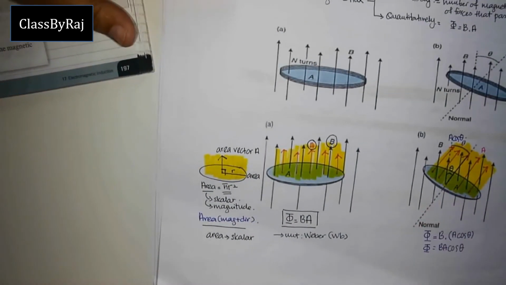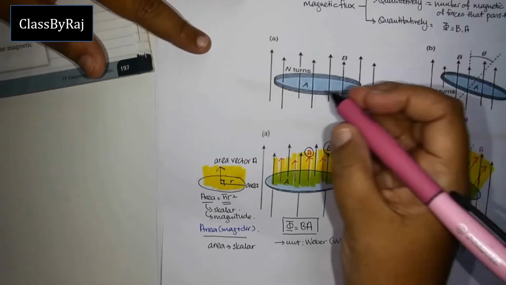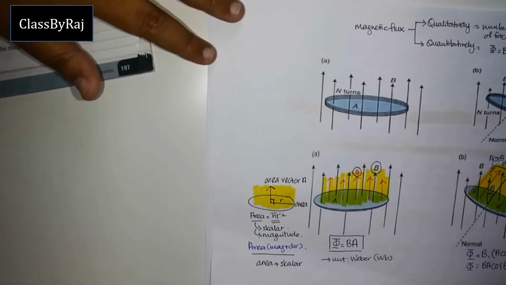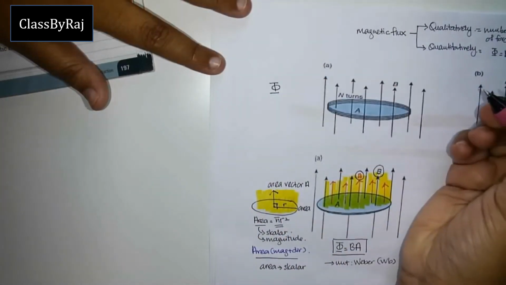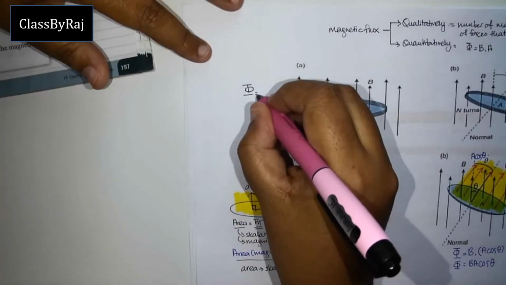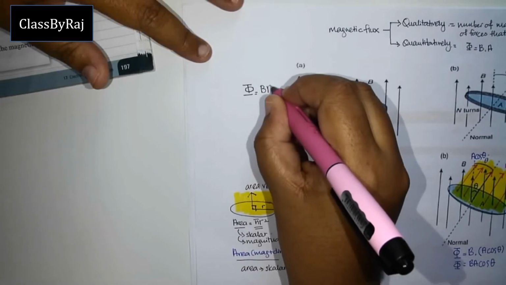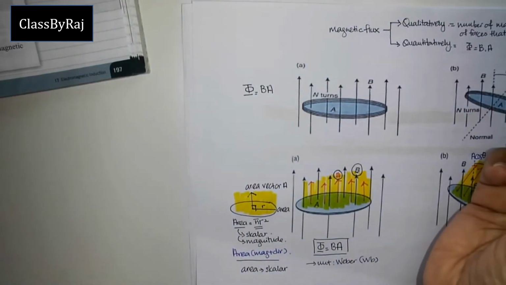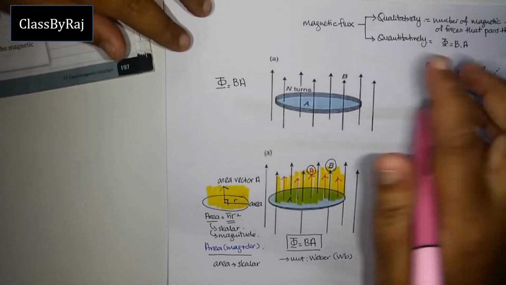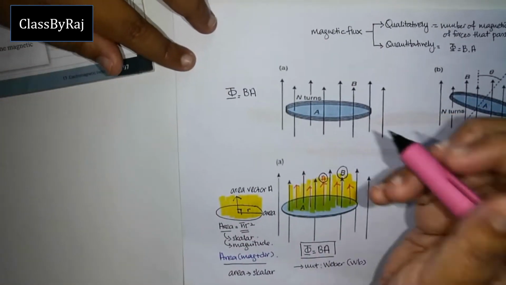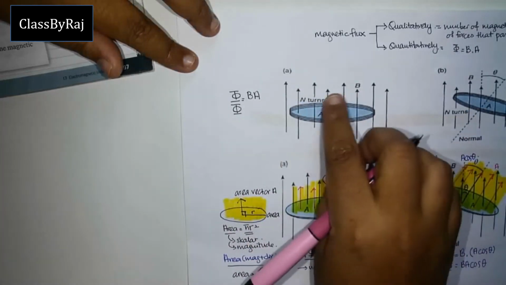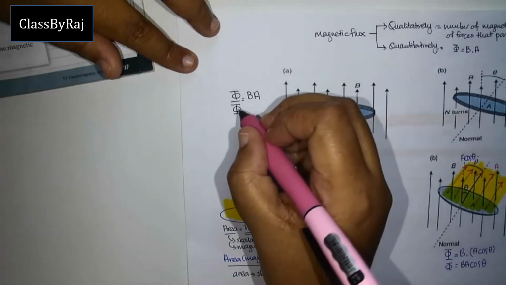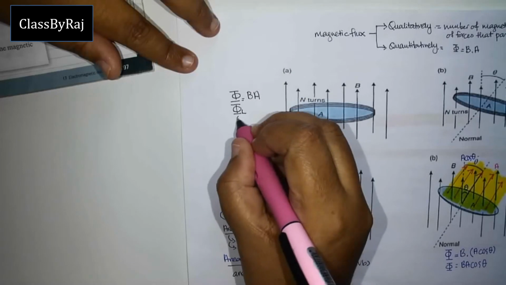So how do we find the magnetic flux? Magnetic flux for one coil will be phi equals BA. But if there are many coils, then the total magnetic flux for the whole coil, the number of coils, we call it magnetic flux linkage.